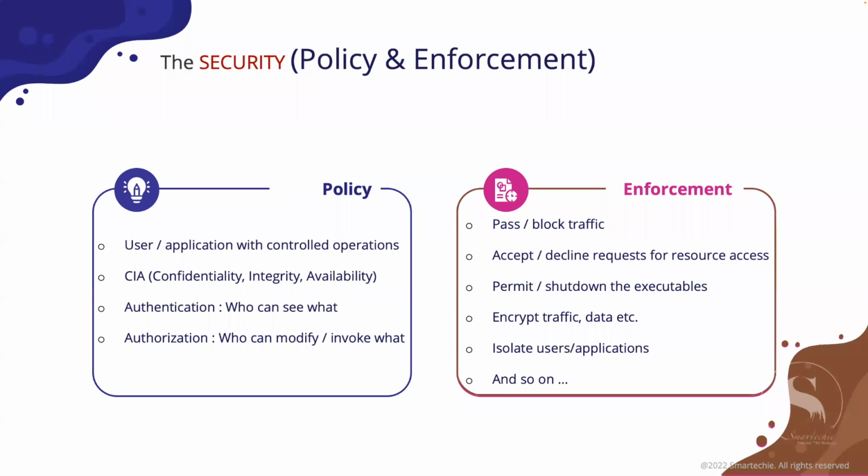Whether it is human to machine or machine to machine interaction, they have to be isolated from each other to ensure utmost security. There might be some others as well, but these are the most important policies and enforcements to be taken into consideration.